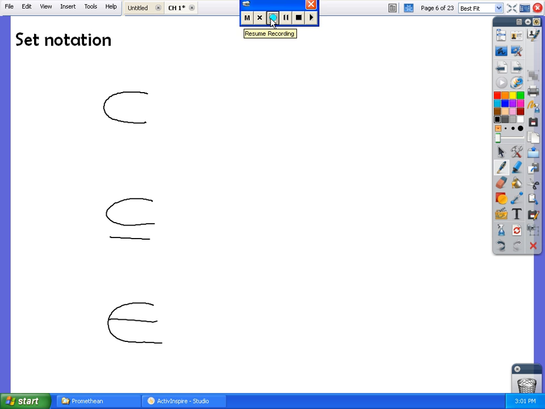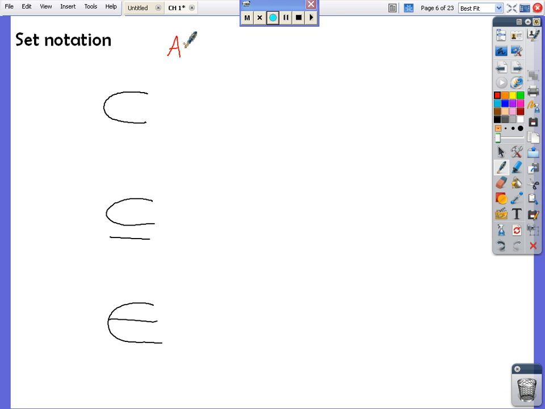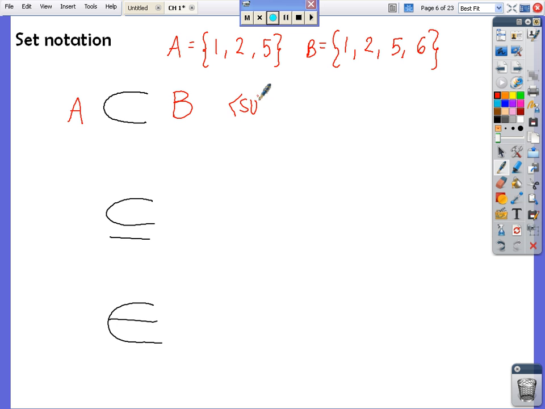So let's do set A has the numbers 1, 2, 5. Set B has the numbers 1, 2, 5, and 6. So what you'll notice is that set A is considered a subset of B. So this symbol here is a subset.